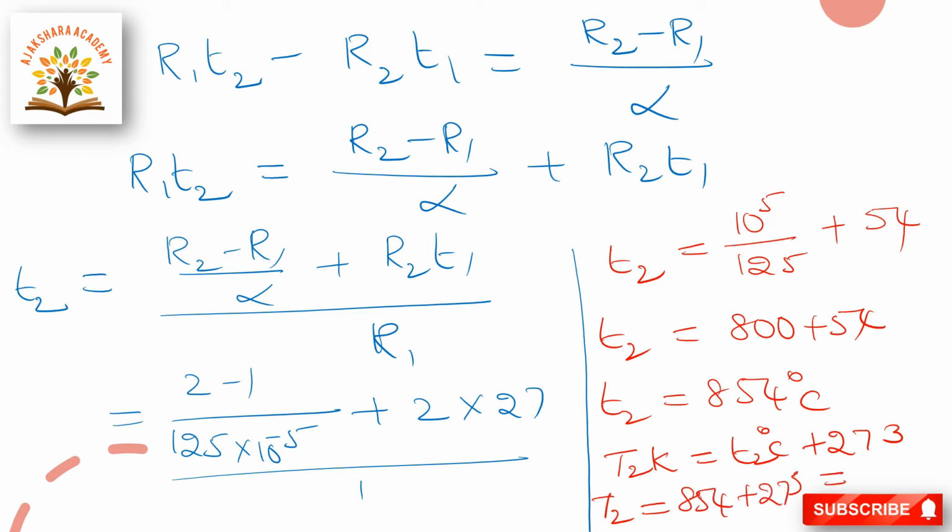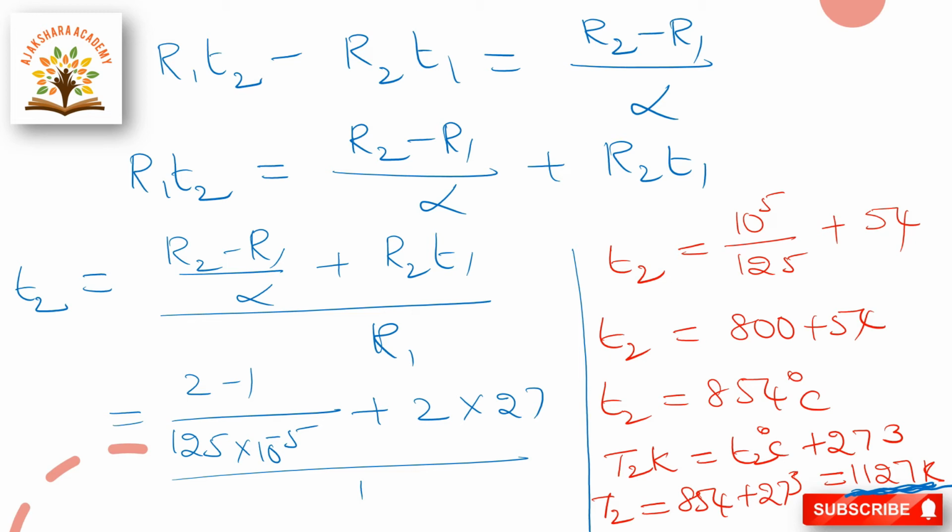So the final answer is 1127 kelvins. This is the final temperature. So T2 is equal to 1127 kelvins.